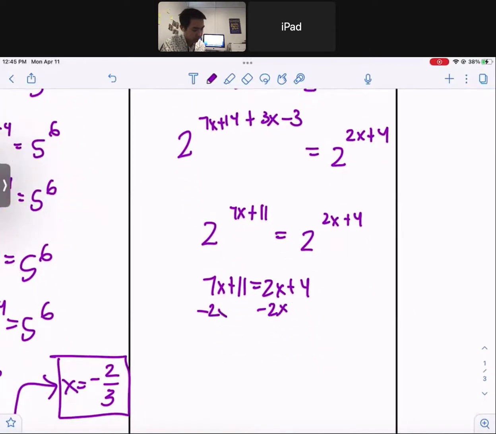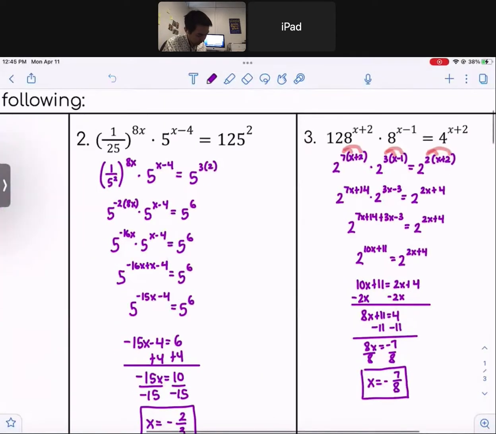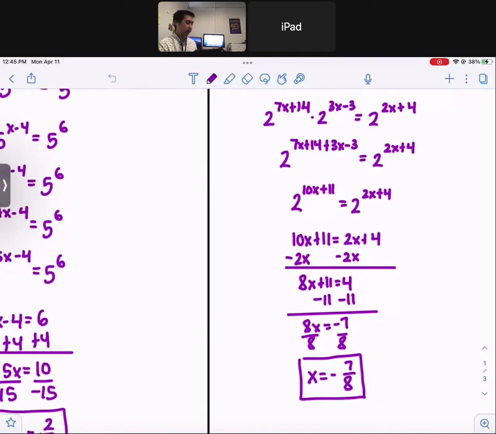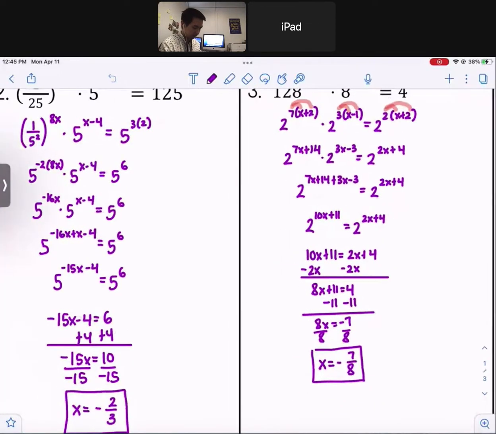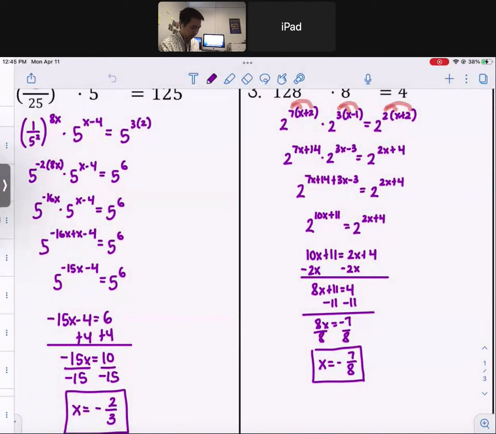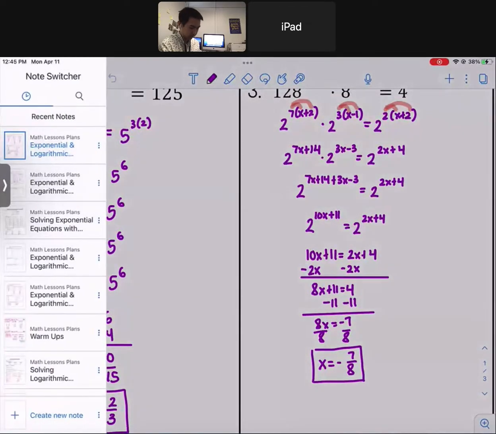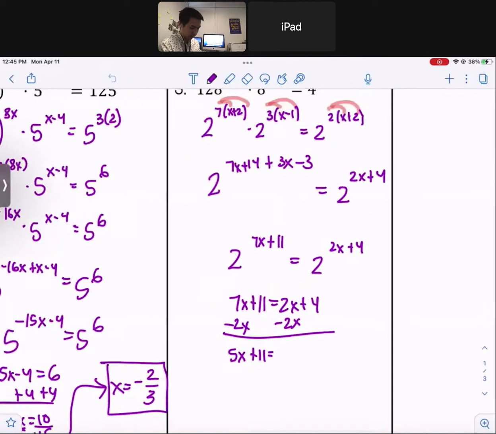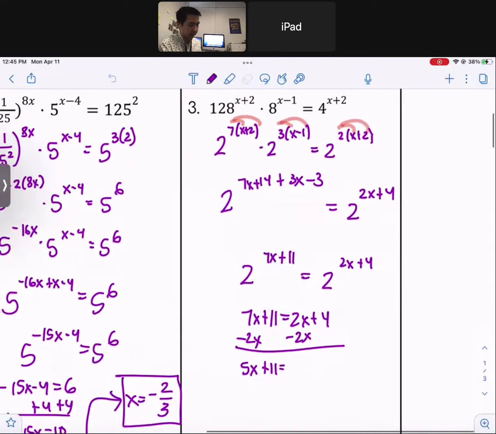So get variables on one side. Okay, something is definitely going awry here. I see. So 7x plus 3x should have been 10x.